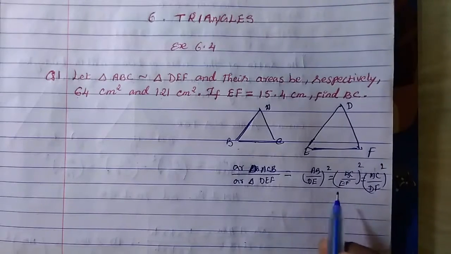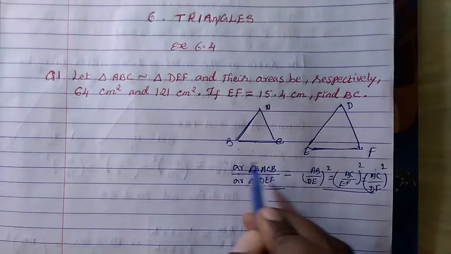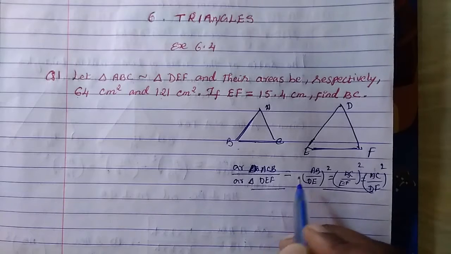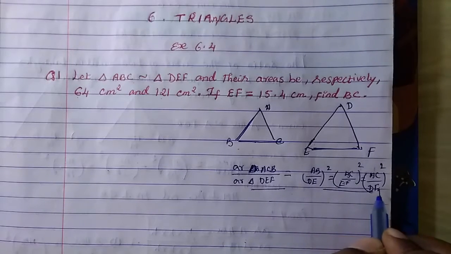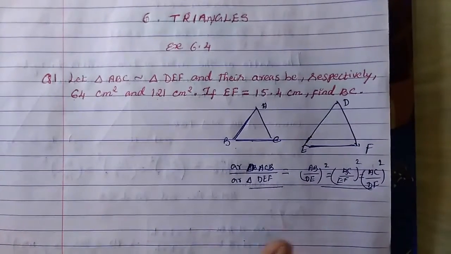So this is what we have studied in theorem 6.6, that the ratio of the areas of the triangles is equal to the square of the ratio of their corresponding sides. So first let us write down what we have with us.